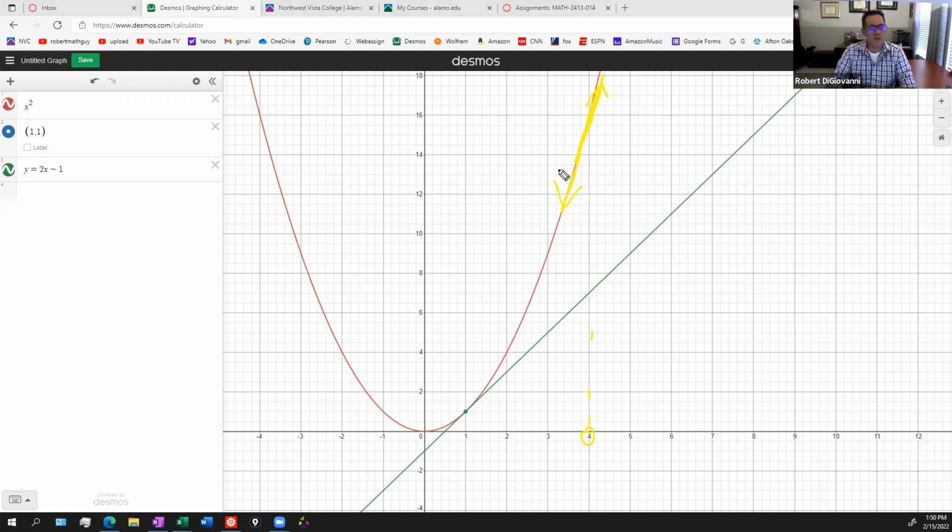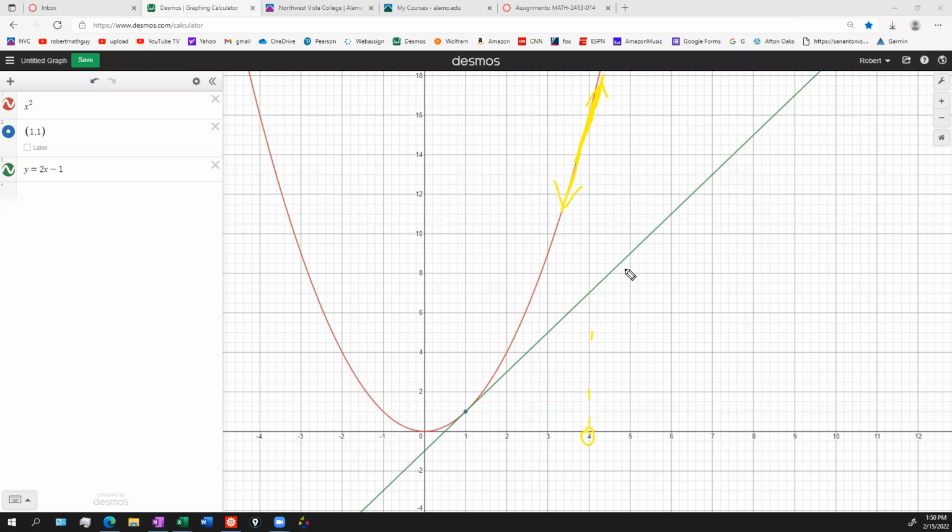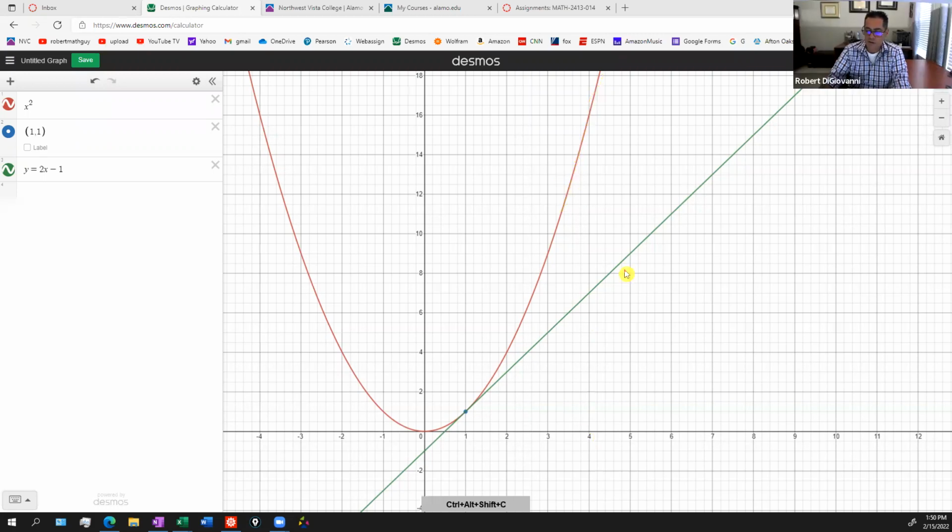Does it seem reasonable that that would be 8? I mean, the green one we know is 2, right? And the bigger the number is, the steeper it is, yes? So it seems reasonable that that's correct, yeah? Questions?